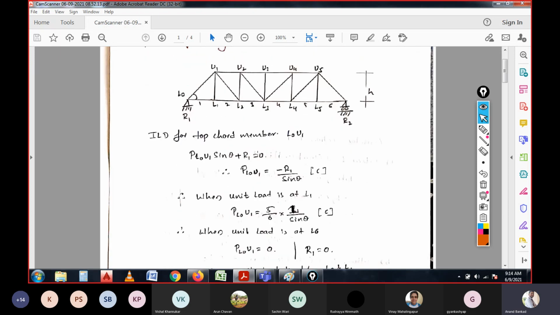So if you observe here, L0 L1 is a member having inclination with an angle of theta. This is the angle of inclination, theta. So if you want to calculate the force in the member, how do you calculate?